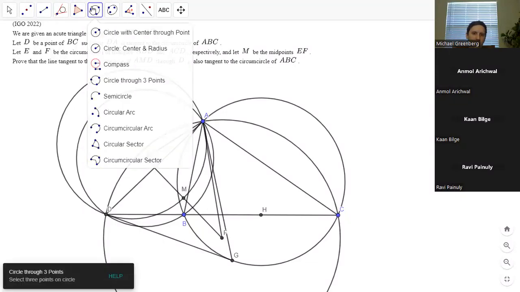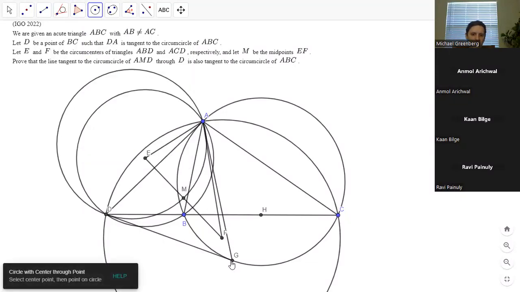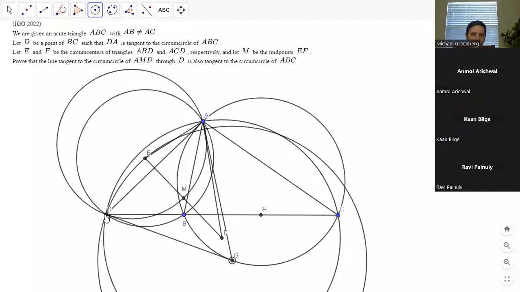Is this isosceles? No. Yeah, I think we're really, really close, but we're out of time. So yeah, some interesting observations. But yeah, we can finish it off after the session.